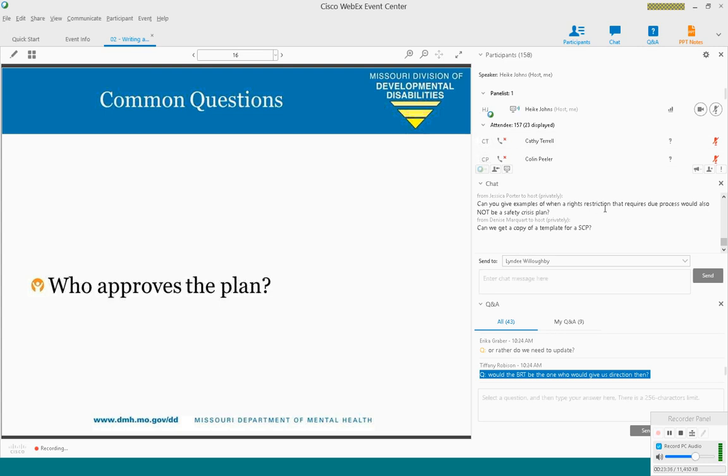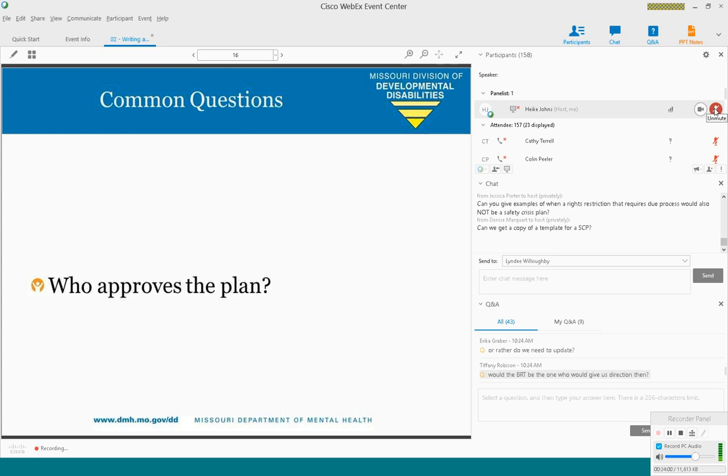This workshop here should help you have the knowledge to write a safety crisis plan. So the BRT are not safety crisis plan writers, but they might be good assistance for you if you need universal strategy prevention level of assistance.